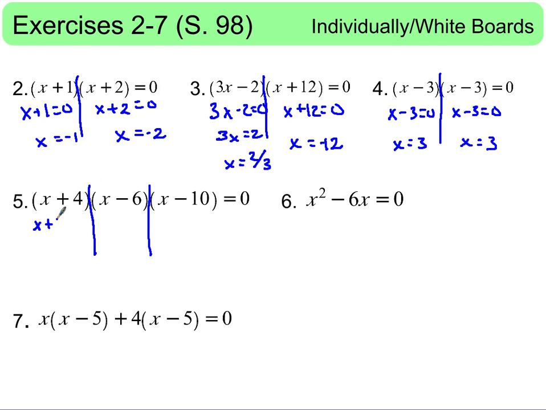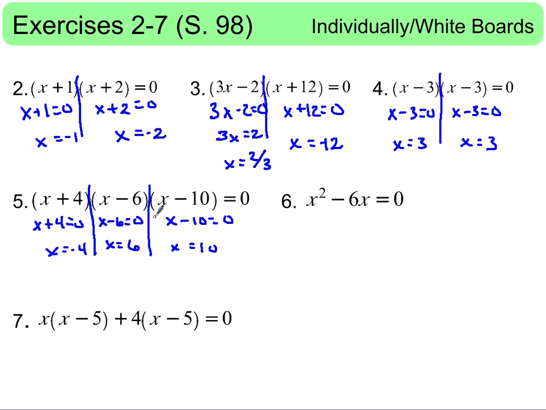So x plus 4 equals 0, x minus 6 equals 0, and x minus 10 equals 0. So in solving, x equals negative 4, and this one x equals 6, and this one x equals 10. And so the idea is if I had a negative 4, a 6, or a 10, it would again make this entire equation equal to 0.